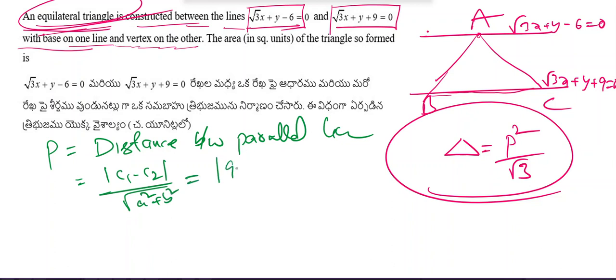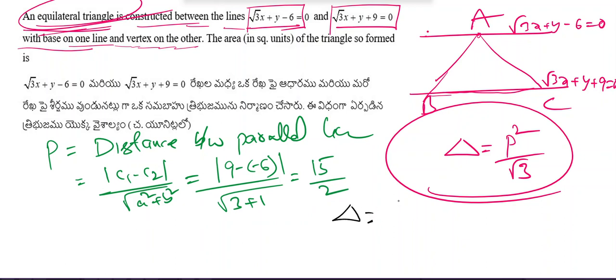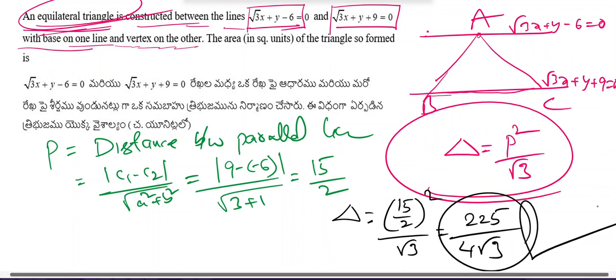Here it is 9 minus of minus 6 by square root of root 3 whole square plus 1, that is 9 plus 6, 15 by root 4, which is 2. This is the value of p, 15 by 2. Now we find the area. Delta is equal to p square by root 3, that is 15 by 2 whole square by root 3, that is 15 square, 225 by 2 square, 4 root 3. This is the area of the equilateral triangle constructed between the two parallel lines.